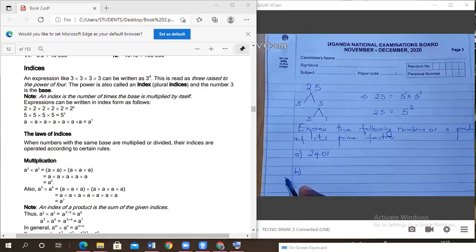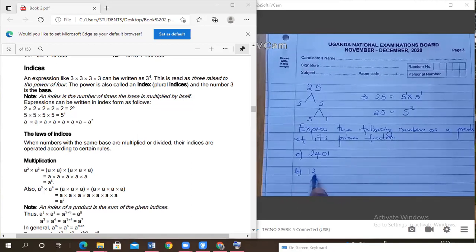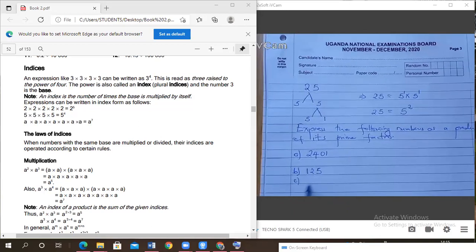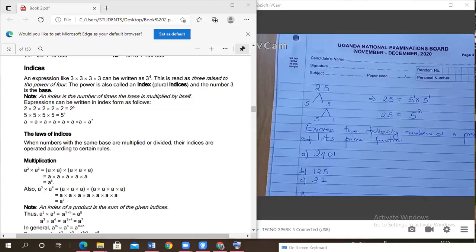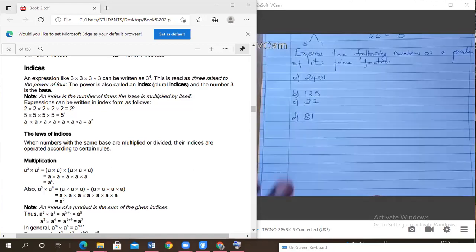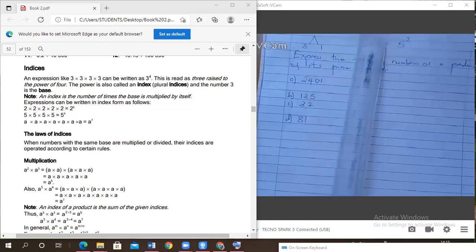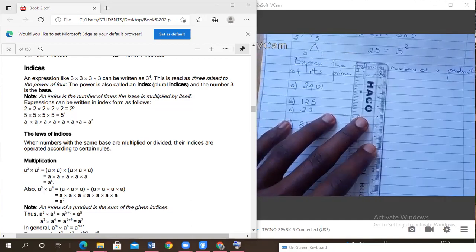B, we can have 125. Then C, we can have 32. Then lastly D, we can have 81. So can we work it out? Let's work it out.